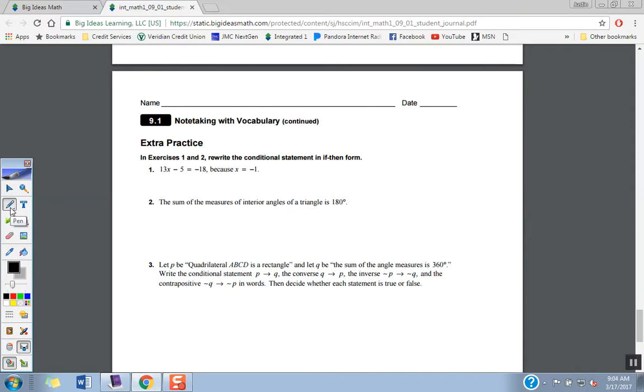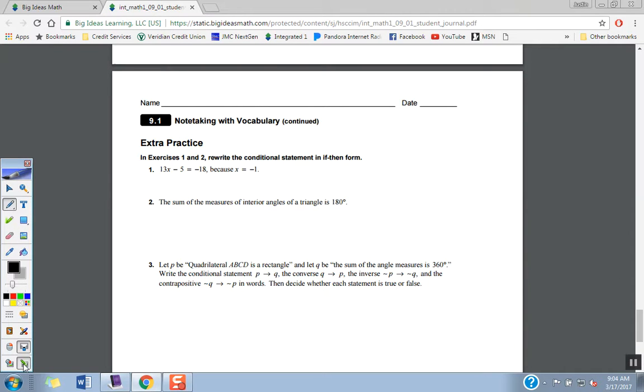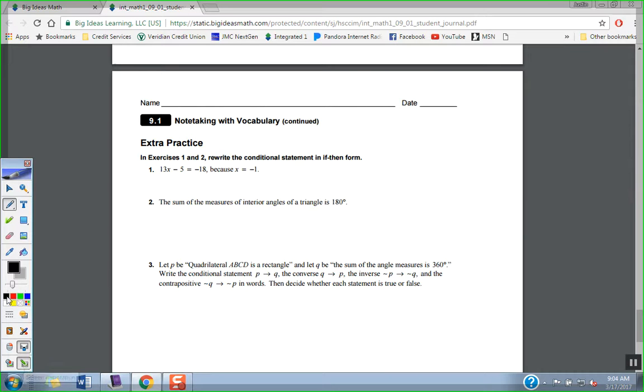This is pretty easy to do. You would simply say if 13x minus 5 equals -18, then what would you say after then? Well, I'll put that statement in if-then form. So I'm writing down this.